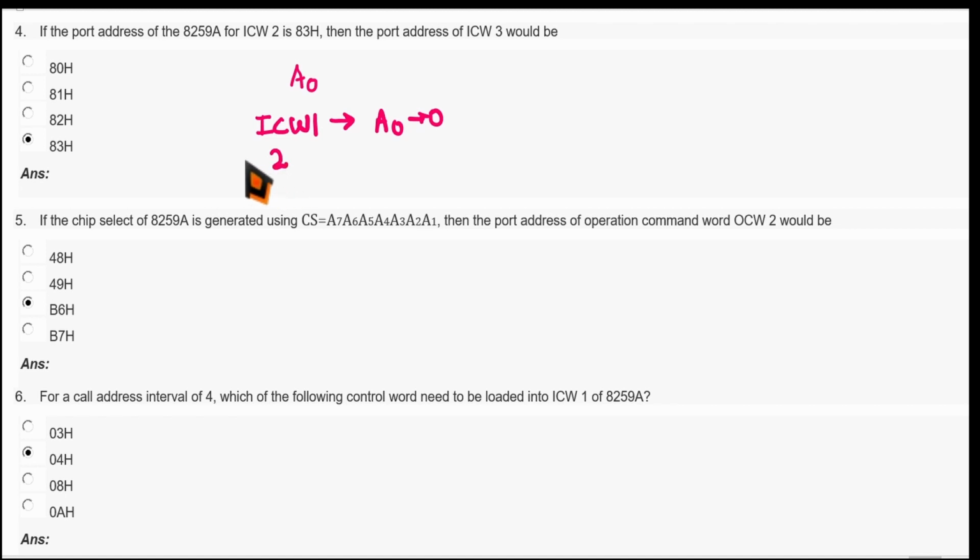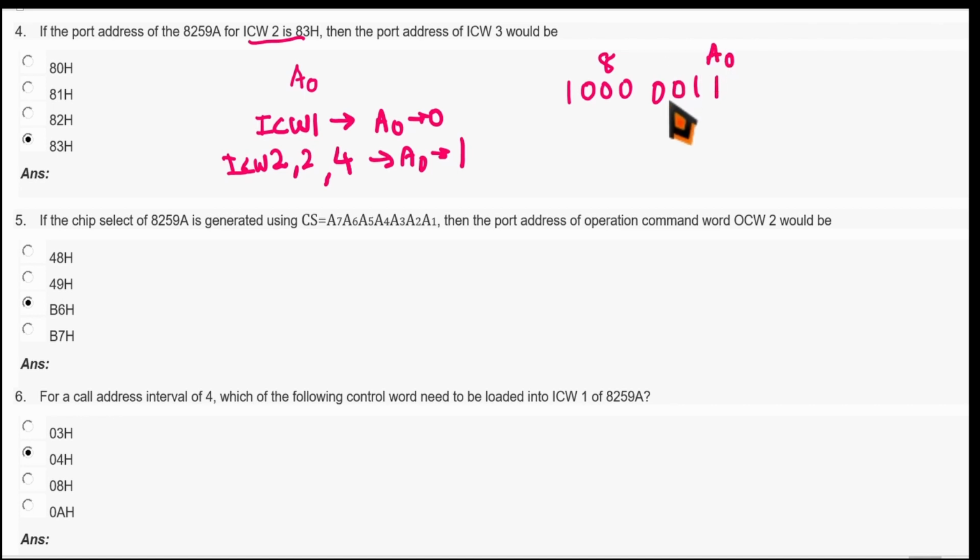Then for ICW2, 3 and 4, A0 should be 1. So this point you have to understand. Now they have given this one. ICW2 is 83. That means you can write like this 1 0 0. This is 8. 3 is 0 0 1 1. So this is A0 and this is 3.